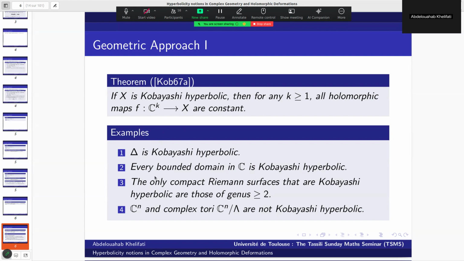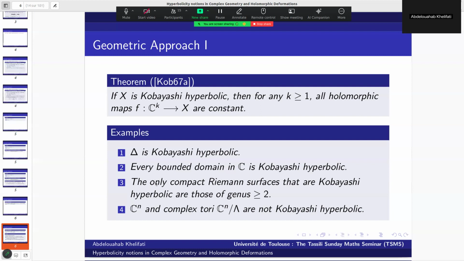And by the property of the universal cover that I just mentioned for coverings, for compact Riemann surfaces, like complex curves, we have the uniformization theorem. So studying the Kobayashi hyperbolicity of a compact Riemann surface goes to the study of the Kobayashi hyperbolicity of the universal cover.